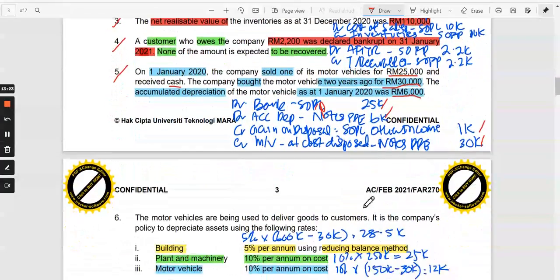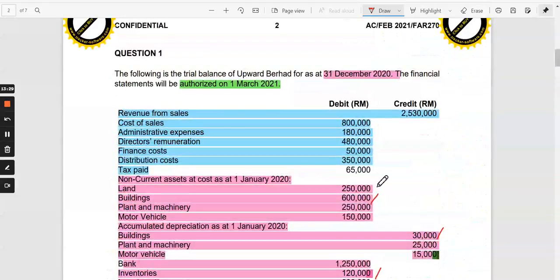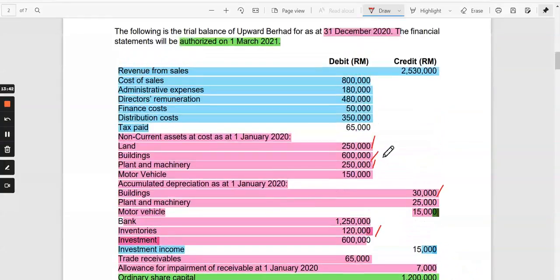So you have 28.5, 5%. Motor vehicle, it is on cost. So for cost, you do not need to go and adjust with the accumulated depreciation. Same goes for the plant and machinery. For the land, no depreciation because this is a non-depreciable asset. So I checked all this already.